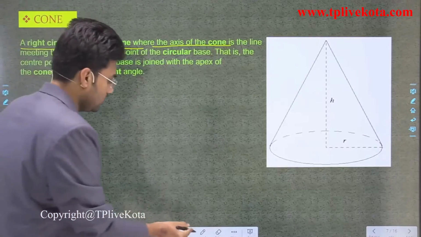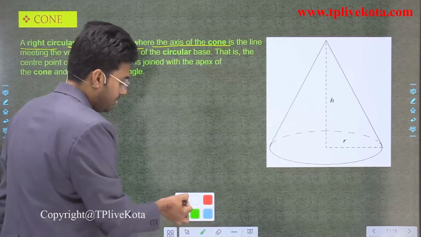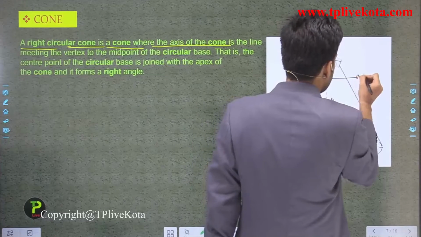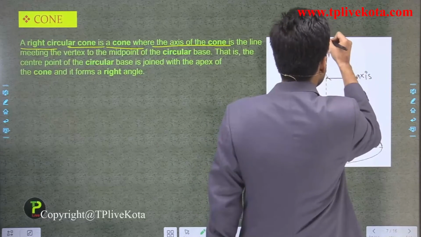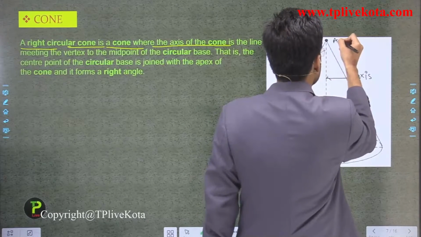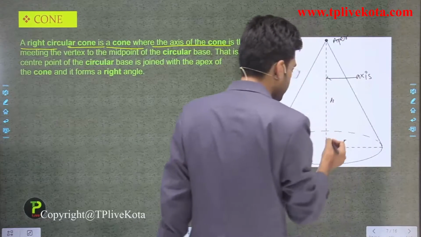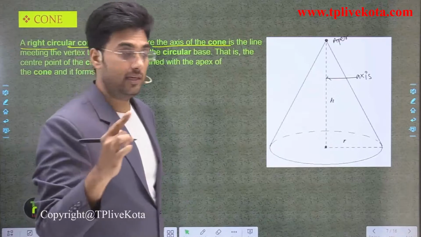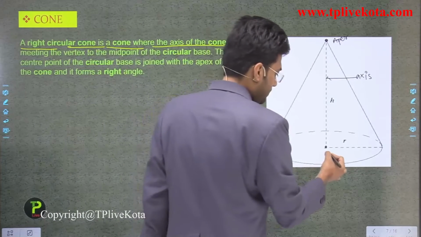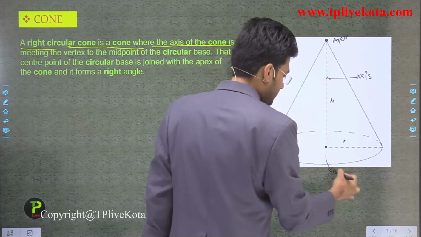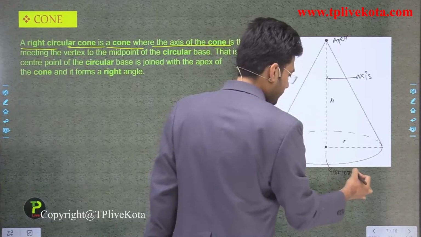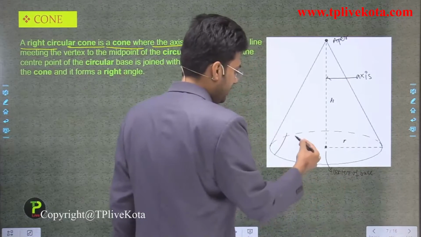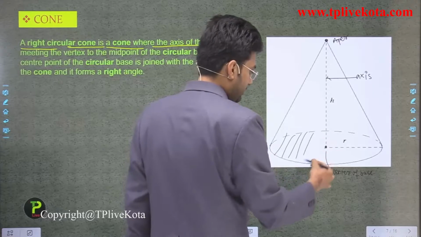Clear? So here this is what? This is the axis, and this is apex, and this is the midpoint of the base, that is the center of circular base. Okay, this is what? This is center of circular base, and this base is circular here.